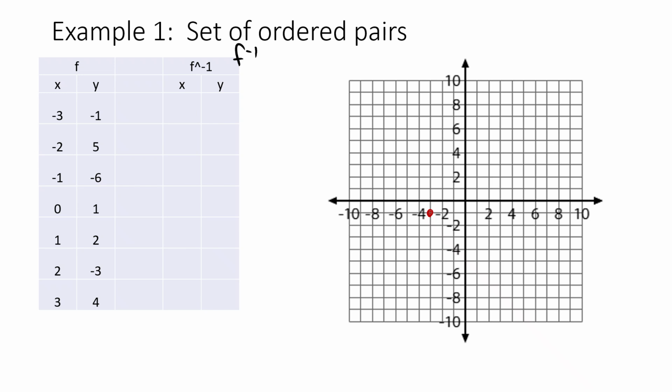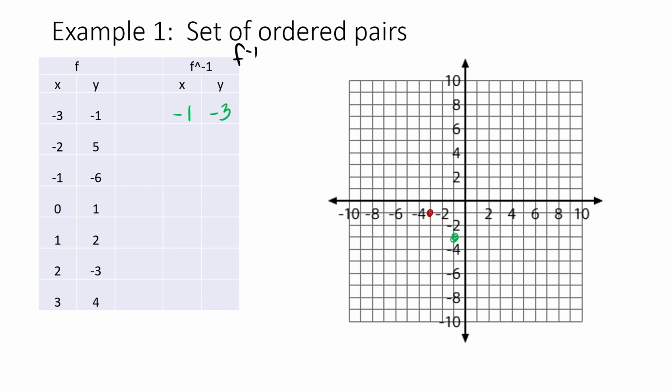Now, when we go and find the inverse, inverse means we're switching your domain and your range, or again, if you look at the other video lesson, you know that we essentially switch the x and the y. So for my inverse, instead of -3, -1, I'm going to have -1, -3, which is going to put that right there.